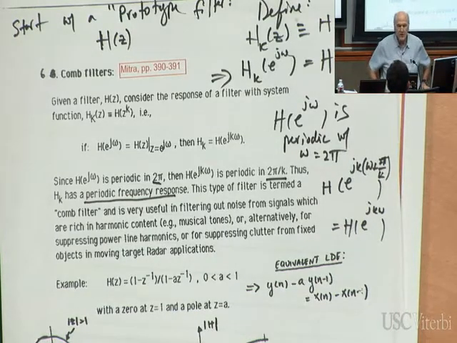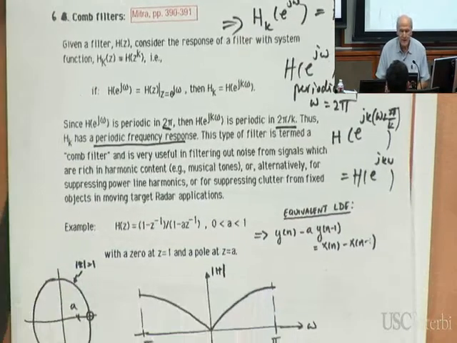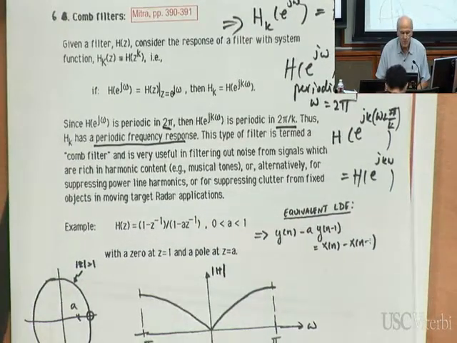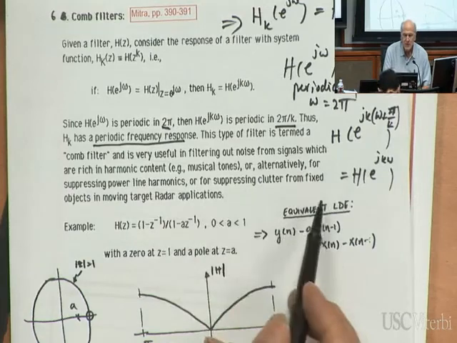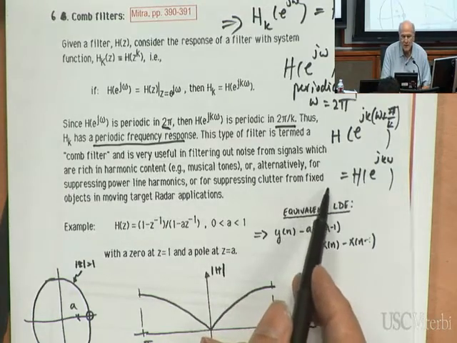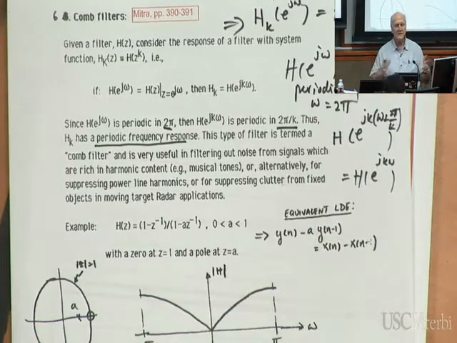Actually, in filtering out noise, the noise has to be rich in harmonic content. Alternatively, it is useful for suppressing power line harmonics, or for suppressing clutter from fixed objects, or anything like that.